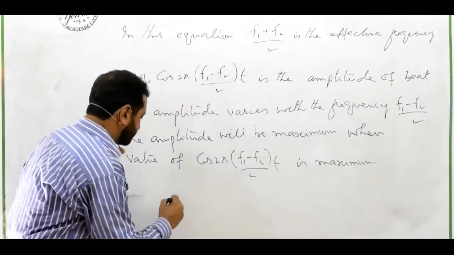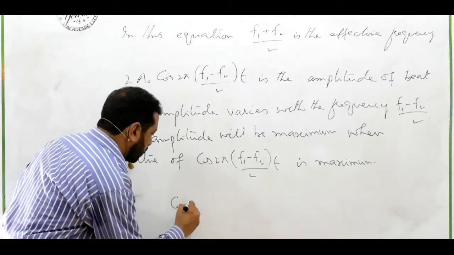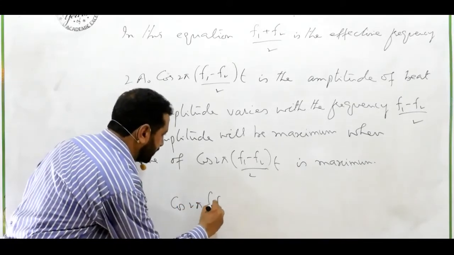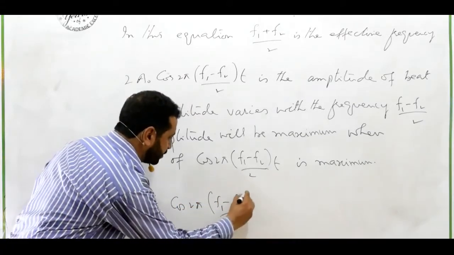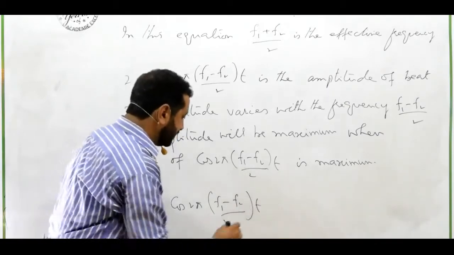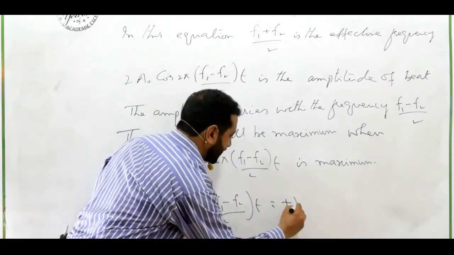And you know that cos of 2 pi (f1 minus f2) divided by 2 t has the value plus or minus 1.